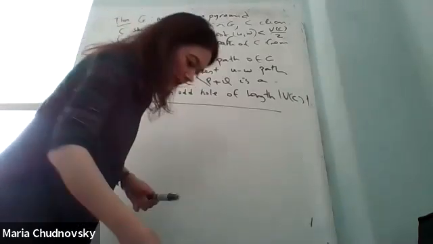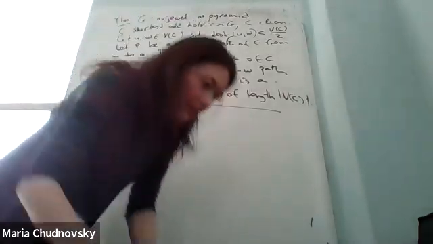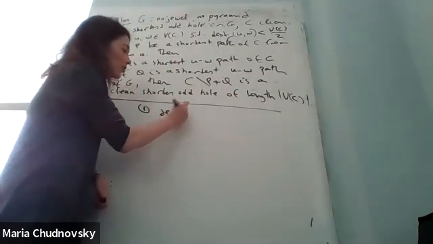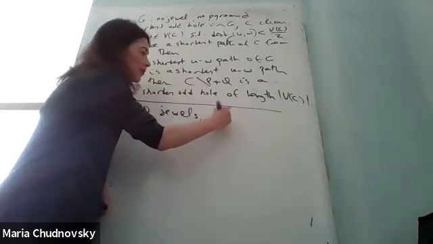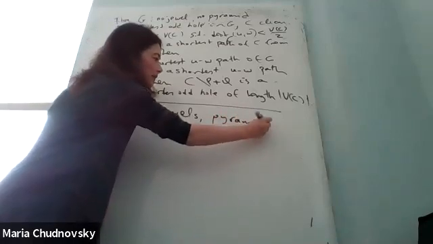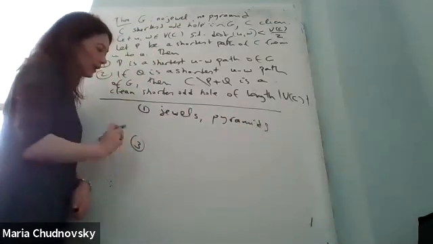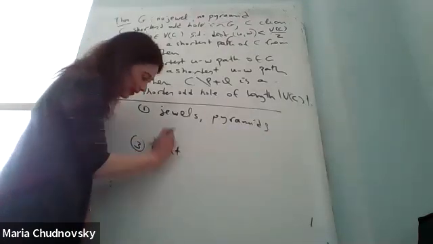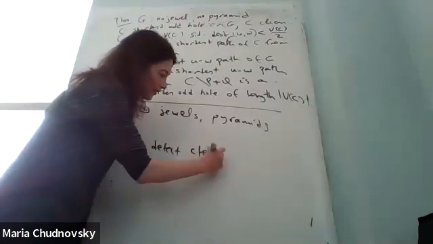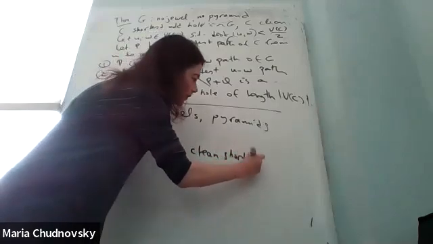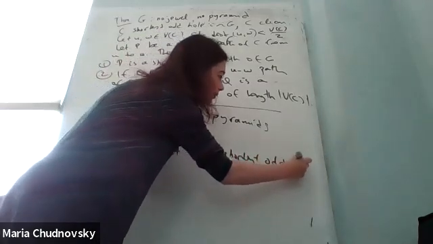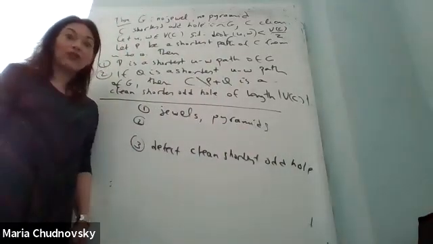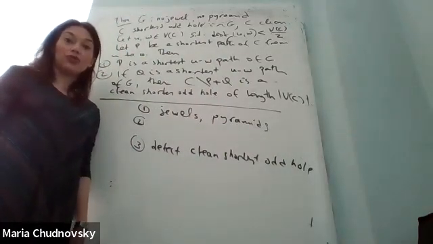Just to remind you where we are in the algorithm. I can detect jewels and pyramids. If only I had a clean shortest odd hole, I can detect it. What's missing is this: how do I arrange that there's a clean shortest odd hole?